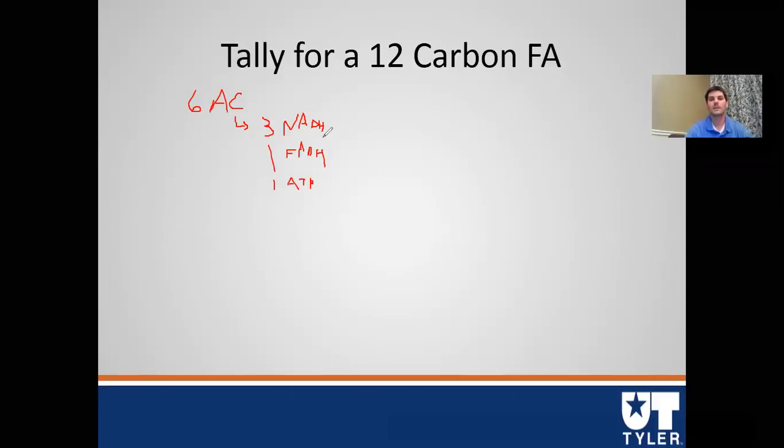Then we can multiply that out and we get 18 NADHs, 6 FADH2s, and 6 ATP. We can go through the longhand.